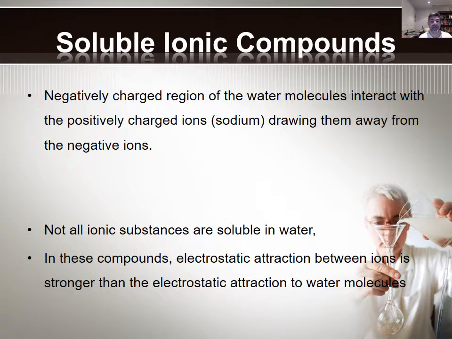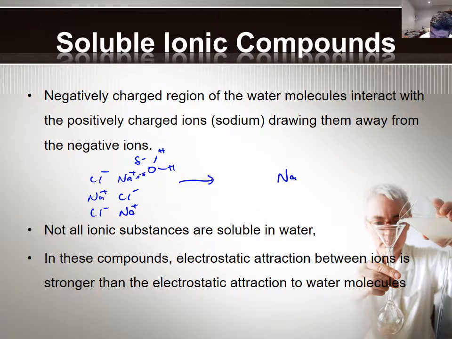Of course, the same thing is going to happen to the positive ions as well. If we've got sodium ions exposed in our crystal, all that will happen is the water molecules will rotate. Now it will be the slightly negatively charged oxygen region of the water molecule that will be interacting with our cation, with our sodium ion, and it'll drag it away.